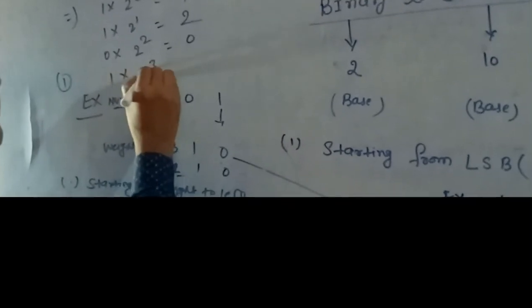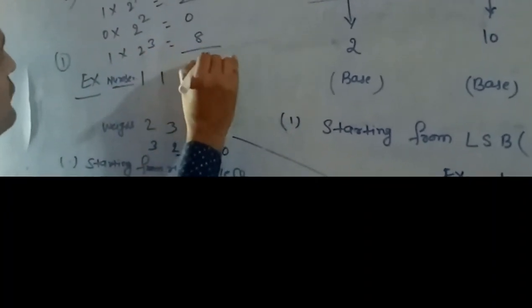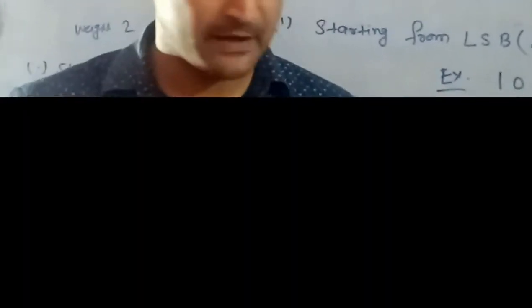And 1 times 2 to the power 3, value 8. Total value 11. These are the two examples of binary to decimal conversion.